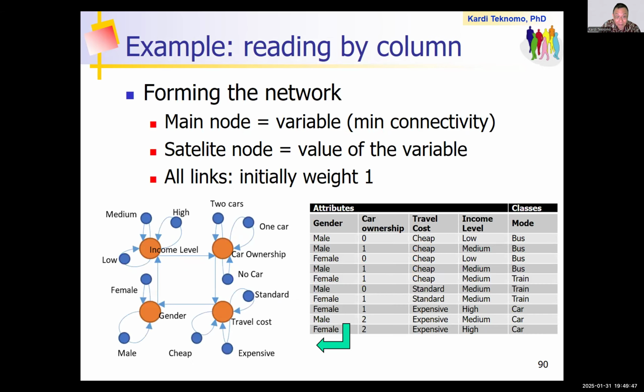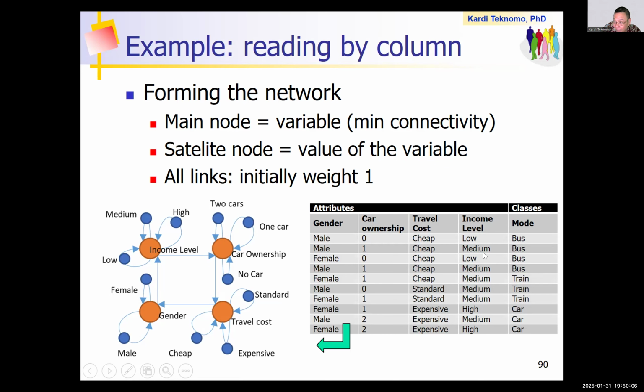This is an example. If you read by column, these are the gender, income level, car ownership and travel cost, and then for each you can put the value. Low income level can be cheap, low, medium, and high, right?